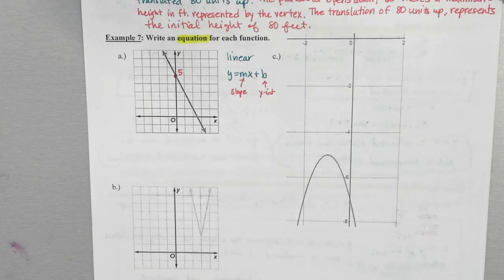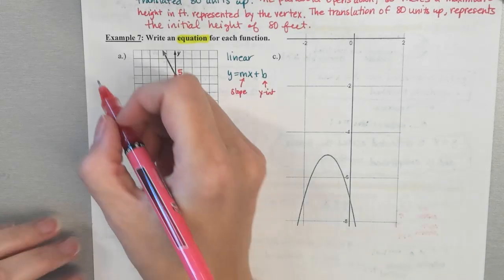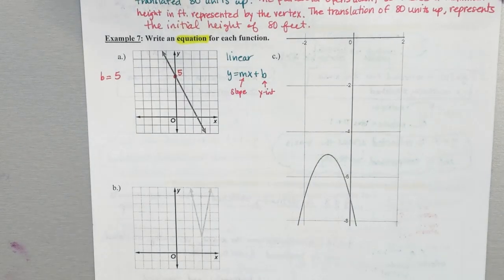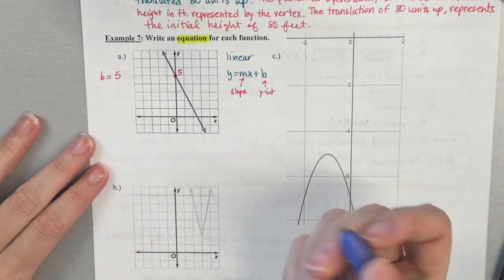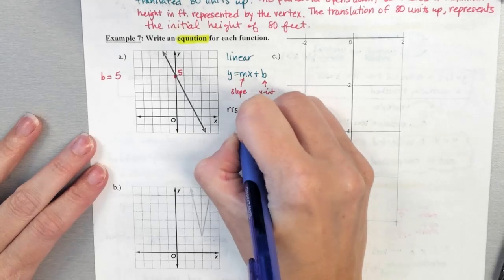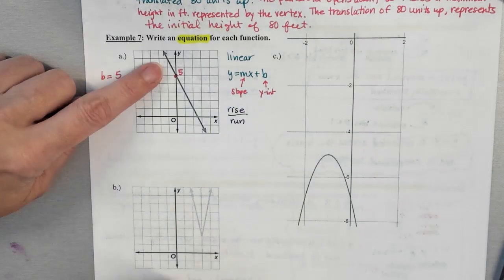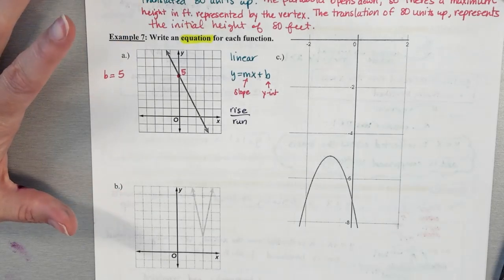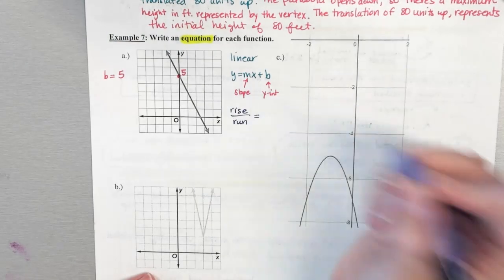And then how are you thinking that you'll find your slope? Yep, we could use rise over run, absolutely. And then just pay attention to what direction this is going. Is it going up or down from left to right? Down. So that means you should have what type of slope? Negative.